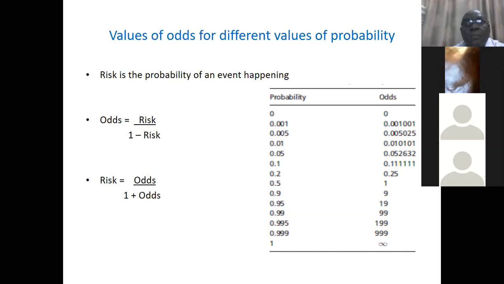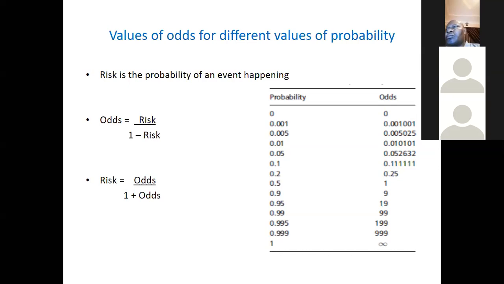So the probability of it raining is 0.6, and the probability of it not raining is 0.4, which is 1 minus 0.6. So the odds of it raining is the probability of it raining over the probability of it not raining. Because the probability of it not raining is 1 minus the probability of it raining. So that's why odds is risk divided by 1 minus risk.